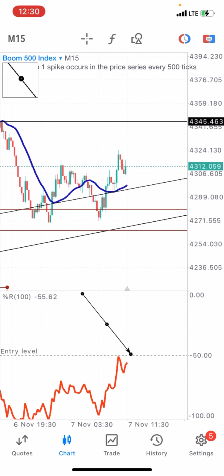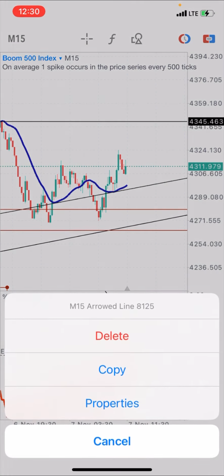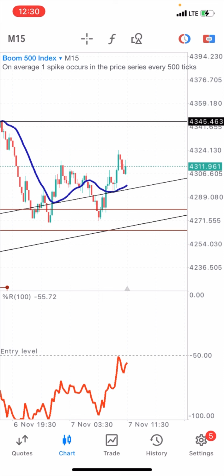It has broken from below, it has gone beyond the entry level, and it has come back to the entry level. All right, if it comes back to the entry level and it starts pushing back upwards, that's a good confirmation that the indicator has given you an entry signal where you want to be buying from.